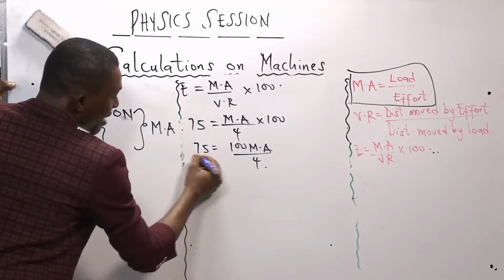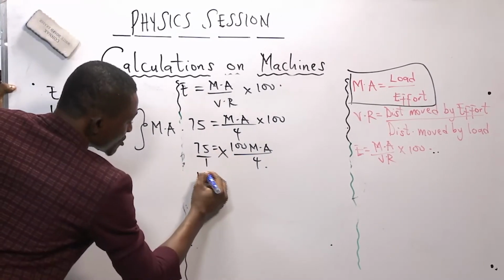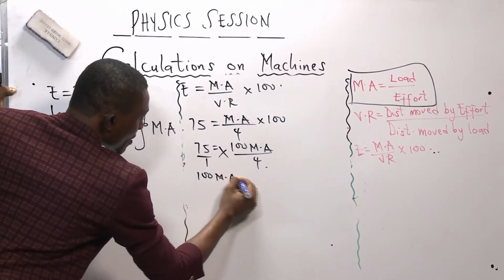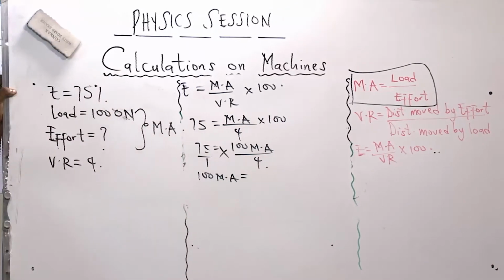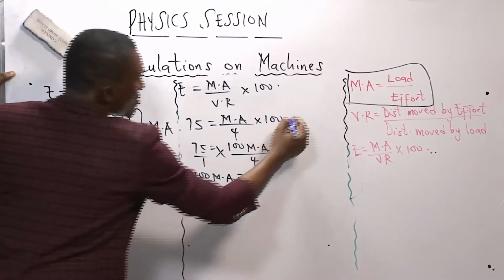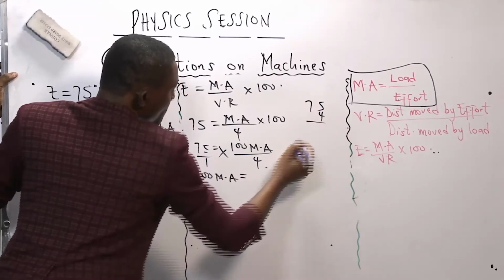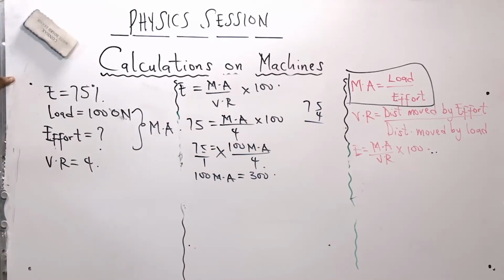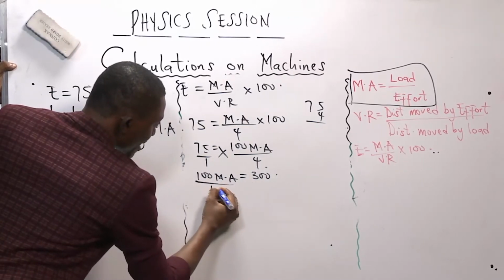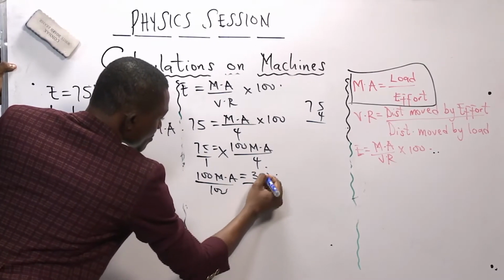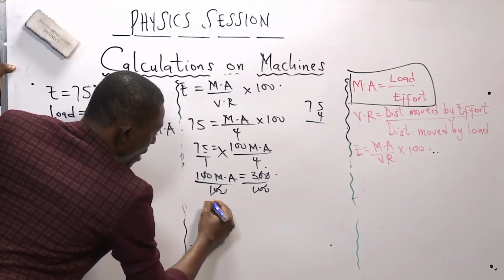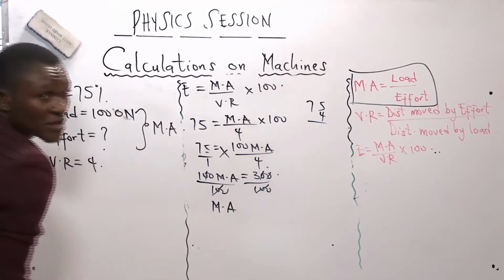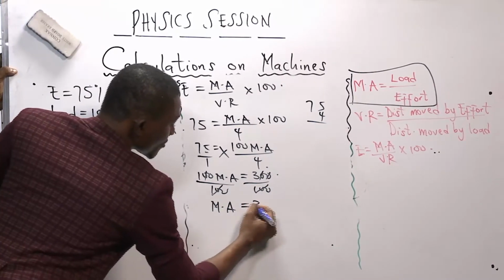So from here I can cross multiply so that I have 100 MA equals 75 times 4. Science students, if you multiply 75 with 4, you should get 300. And then dividing both sides by 100, our mechanical advantage is going to give us 3.